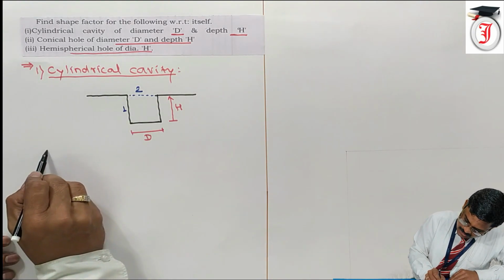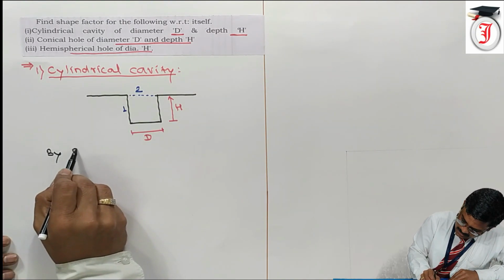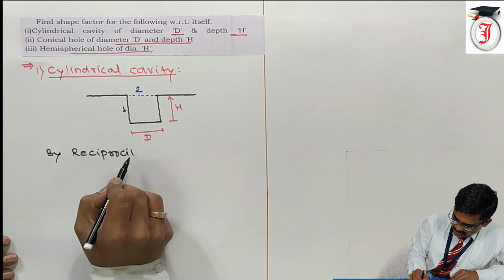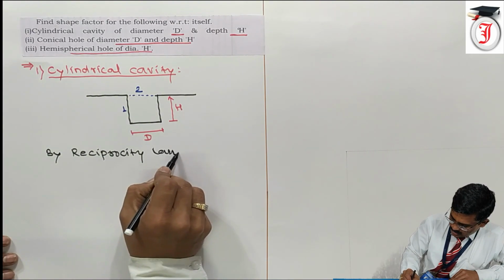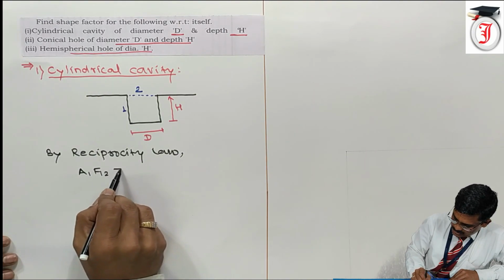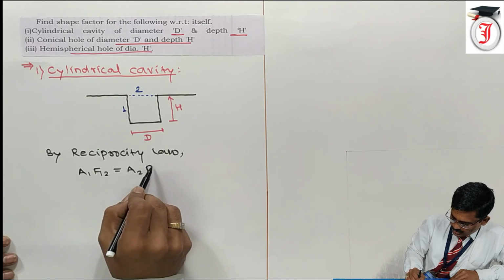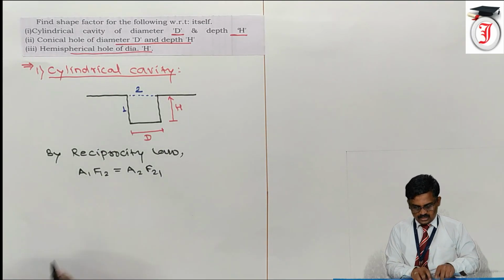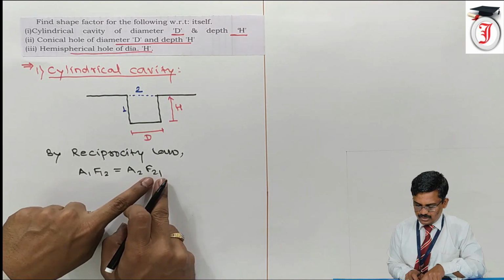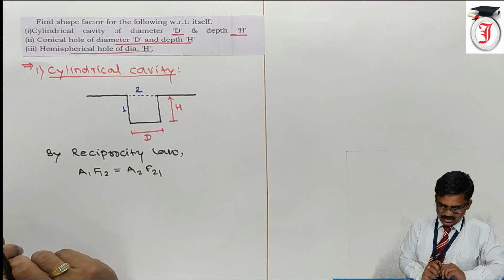So by reciprocity law, we have A1 F12 is equal to A2 F21. This is a reciprocity theorem.